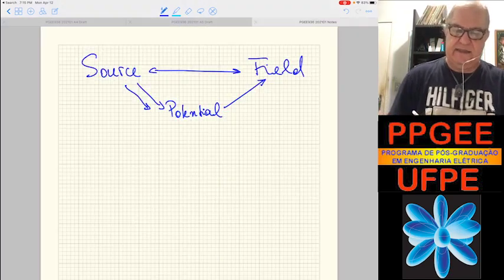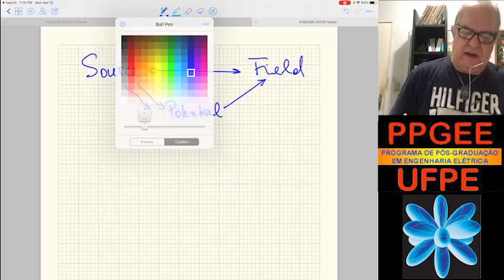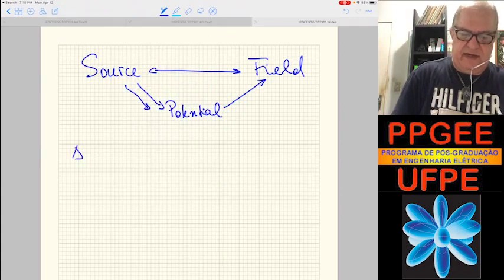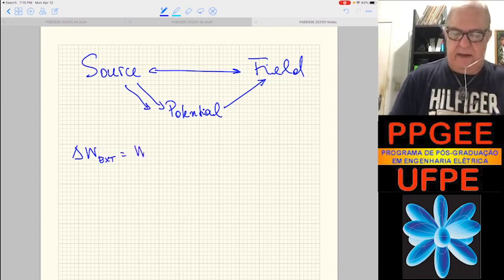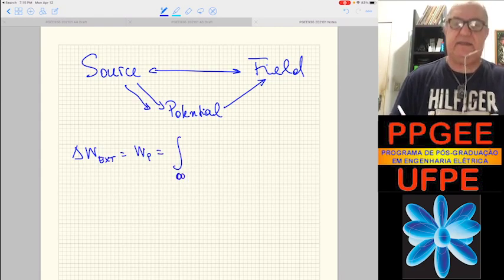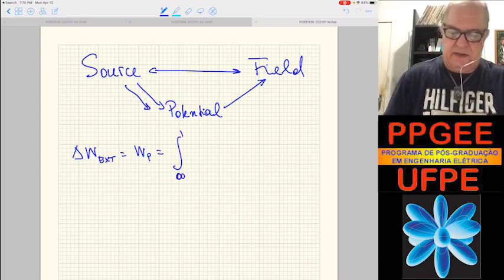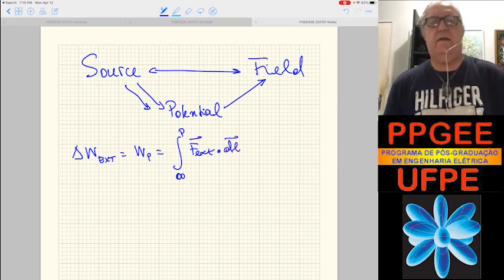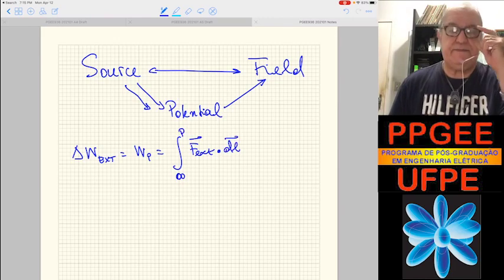But in our case, we want to calculate the energy at point P, okay? Because we are going to bring the charge from an infinitely distant position to the final position, right? So we are going to do that.